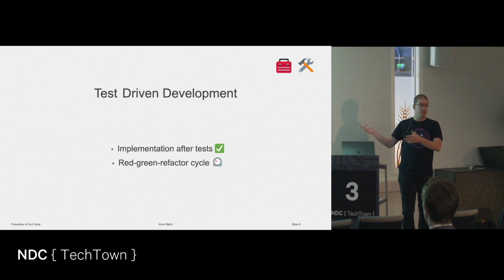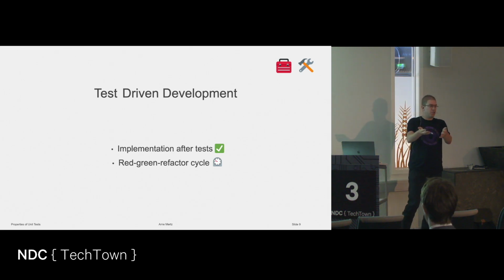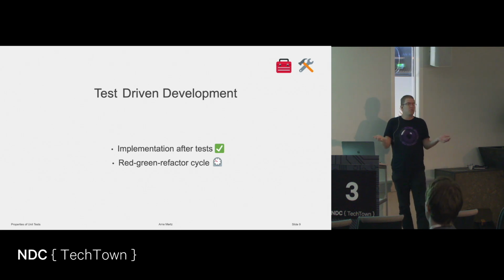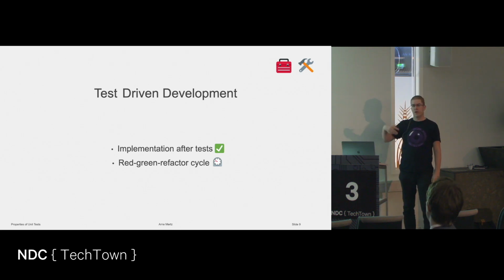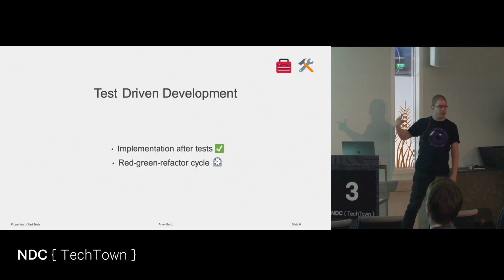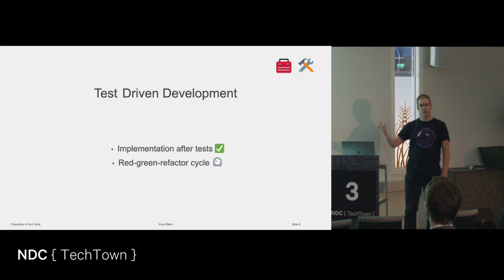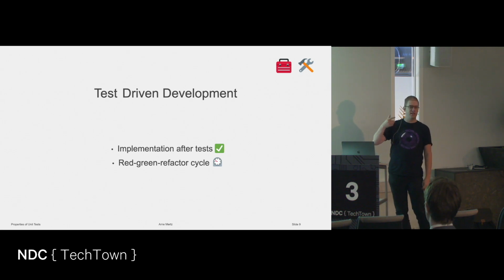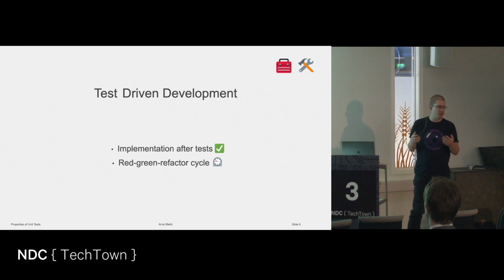And of course, it doesn't compile at first, because if I have a new function and I just use it, it doesn't exist, and the compiler says the function doesn't exist. So I write the function and I make the test green. I make that single test that I've just written run. Then I write the next test for a different aspect of the same function or a different method of the same class, and I make that green again.